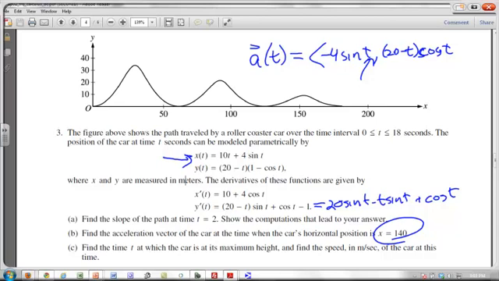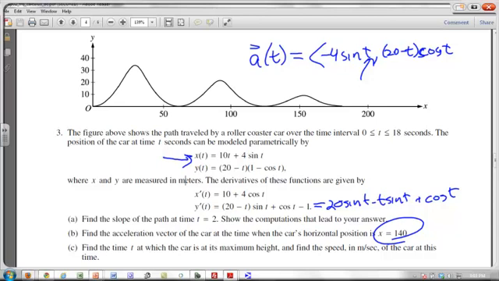So there's the finding of the acceleration vector, which is relatively easy. The finding of the value of t that corresponds with x equal to 140, relatively easy. And then you combine those two facts together. So a typical AP problem, it's got two things going on that you've got to deal with both of them. How would you process that?